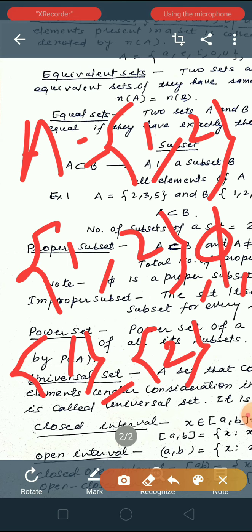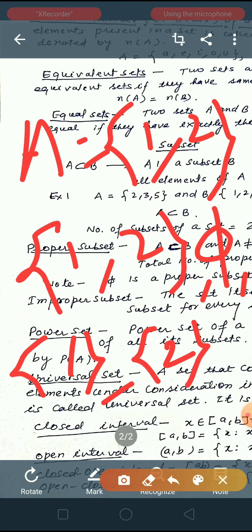These are 4. You can also calculate them using the formula 2 raised to the power n. As I told you, the total number of subsets is equal to 2 raised to the power n. Here n means the total number of elements in A, and it is 2. So if we put it in the formula, 2 raised to the power 2 is equal to 4.